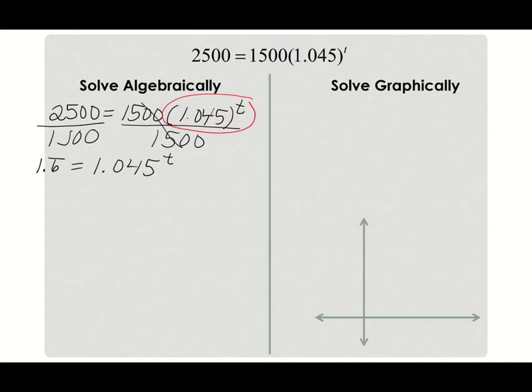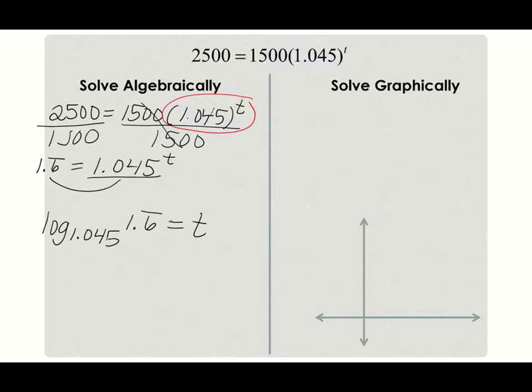Now, to solve for t, I need to change it to a log. So this is the base of my exponential, so it becomes the base of my log. So log base 1.045 of 1.6 repeating equals t. So now I'm going to go ahead and use my calculator as I had on my prior examples.